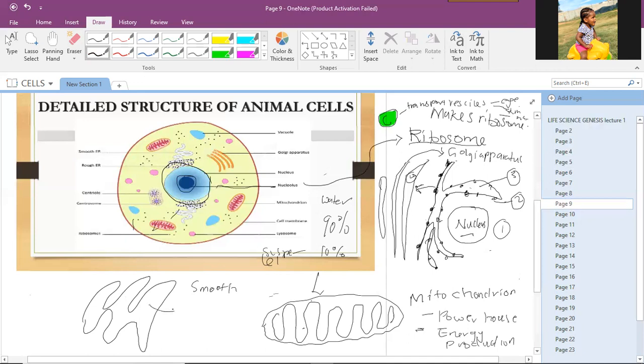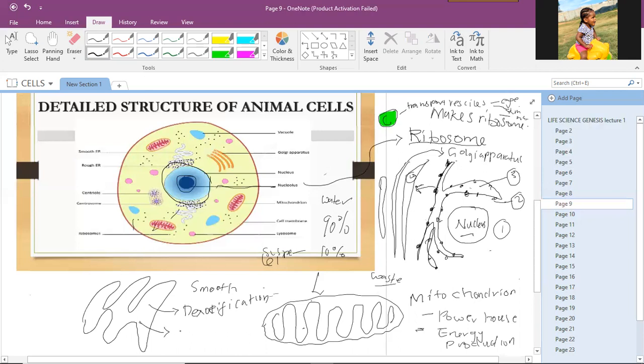What does this one do? It's detoxification of the cell. Because all these cellular reactions here release certain waste substances that can be toxic or harmful to the cell. So what the smooth endoplasmic reticulum is going to do, it's going to help to detoxify the cell.